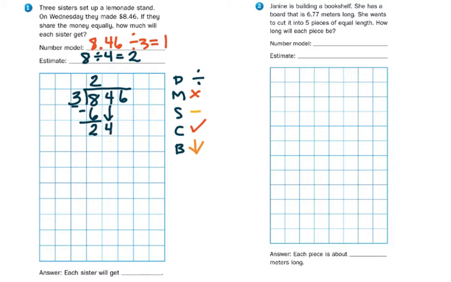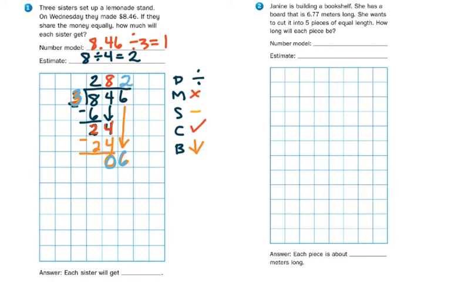How many times does 3 go into 24? Goes in there 8 times. Then I multiply. 8 times 3 is 24. Subtract, and yes, 0 is smaller than 3. Bring down my 6. How many 3s are there in 6?